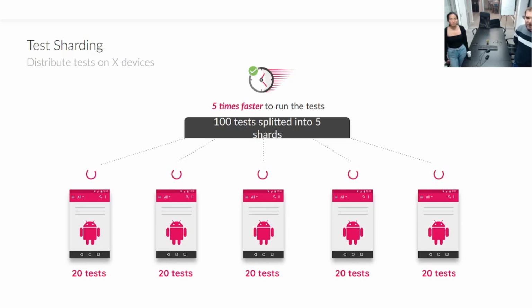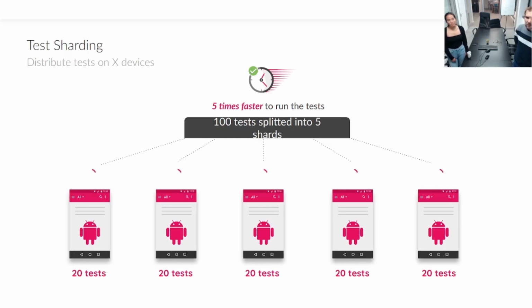This method can be useful when development is still in progress and you want to catch bugs earlier, for example when you push a pull request or a commit. You don't need to run those tests on each Android version as you just want to be sure they are working. Test sharding is really easy to set up with Detox and Genymotion.